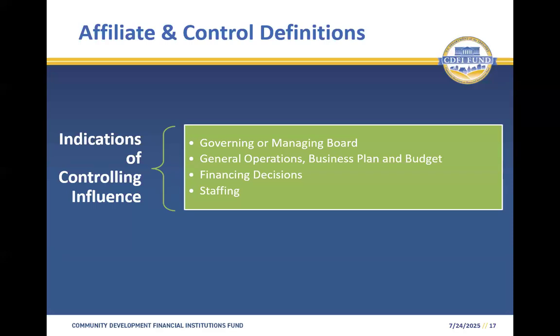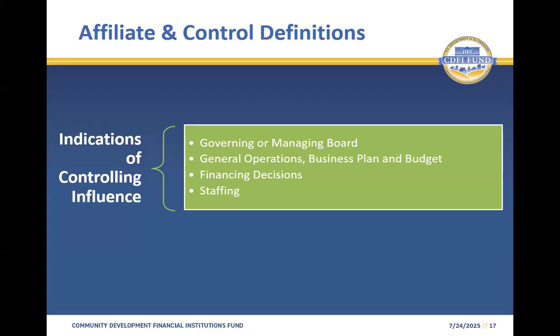Like the last dynamic, a passive role in an entity's financing decisions via something like funding-related compliance requirements or funding-related review processes is not indicative of a controlling relationship here.